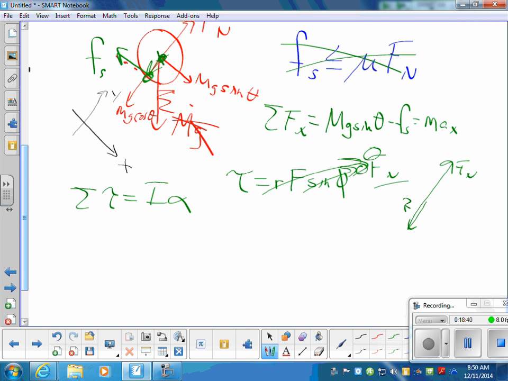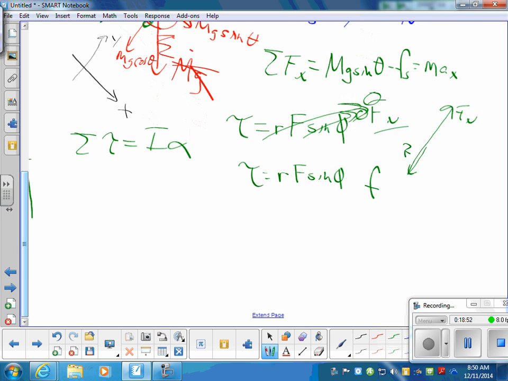What about the static friction force? Does it create a torque? It better. rF sine phi. For the static friction force, here's the round thing, here's r, here's the static friction force.